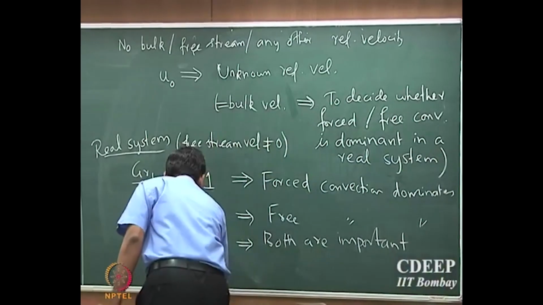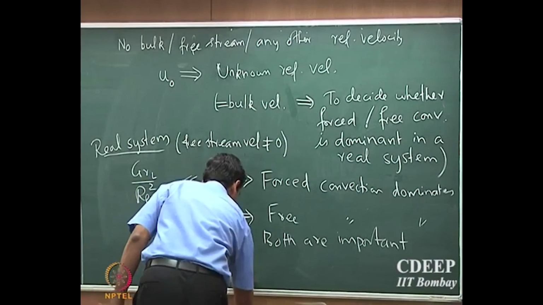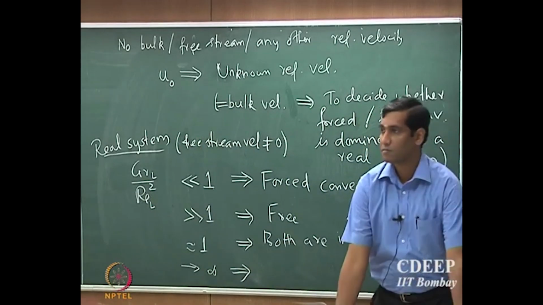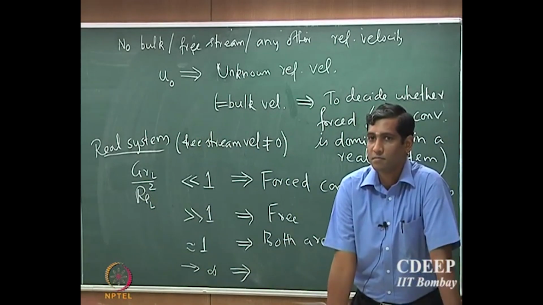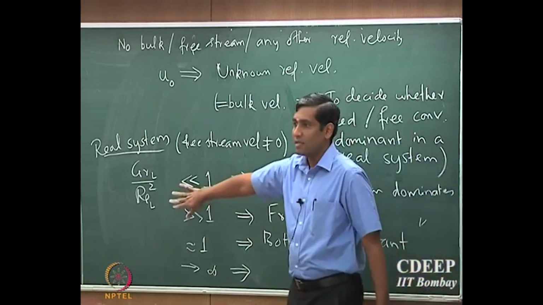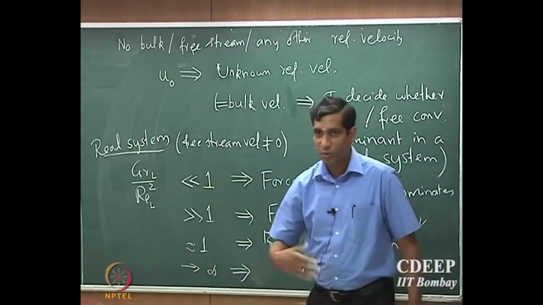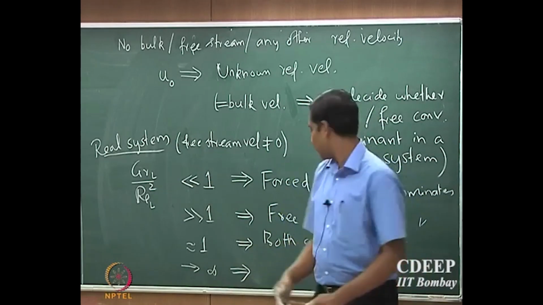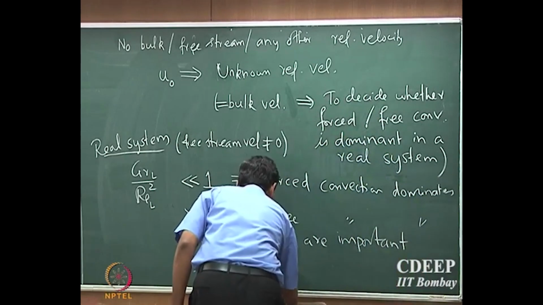And what if it tends to infinity? Look at the ratio: u naught tends to 0. So that's a purely free convection problem.